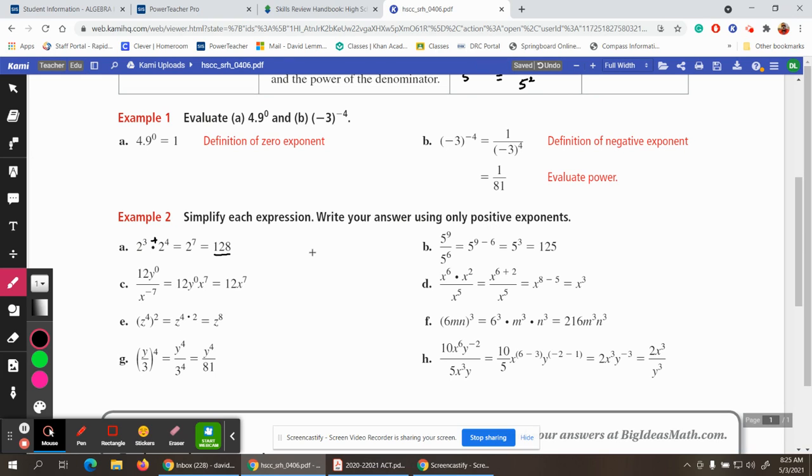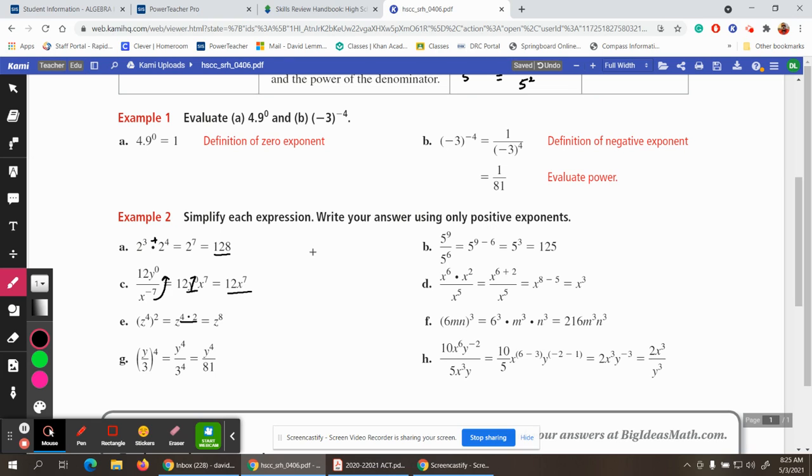Again, this is a negative, so that means that it will come up here. 12y to the first power, that's going to be a 1. So 12 times 1 is just 12. x to the 7th, 12x to the 7th. When you raise a power by a power, you multiply the exponents, z to the 8th power.